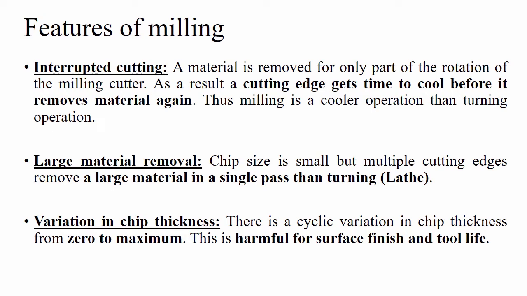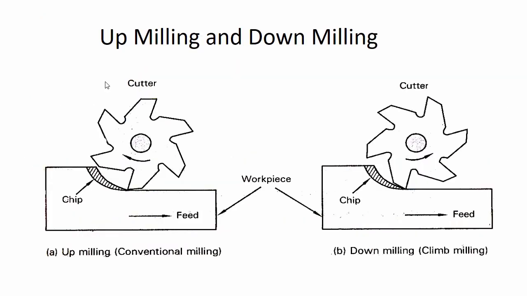Next, the chip removed in the milling operation is varying. It is not the same cross section of chip that is produced. There is a decrease or increase in the chip thickness. These are the features of milling operations.